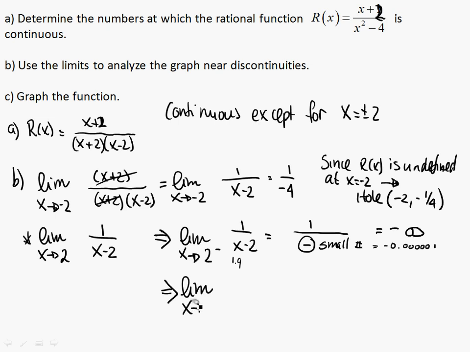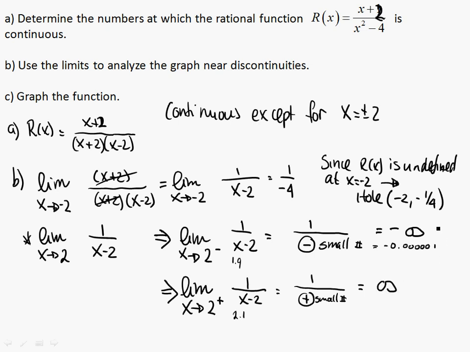What happens when I approach 2 from just above it? At 2.1, what happens? I would end up with 1 over a very small positive number. So where does this go to?